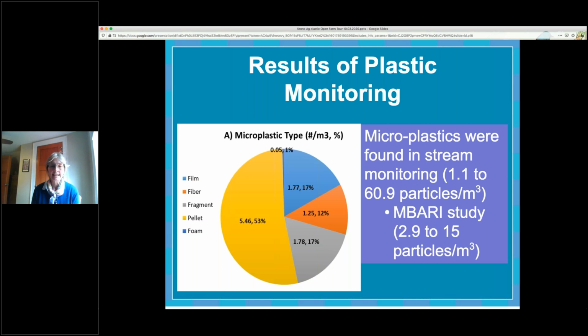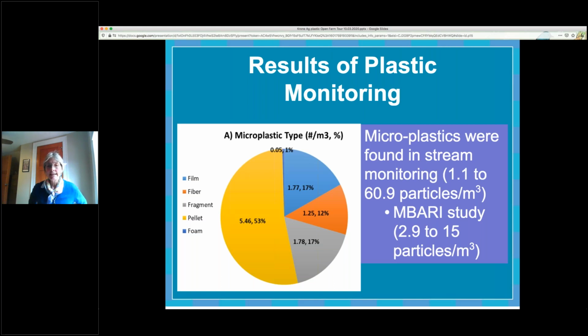So more than 50% of the microplastic we found were from those slow release fertilizer pellets. We also found about equal amounts of films and fibers and fragments of plastic.